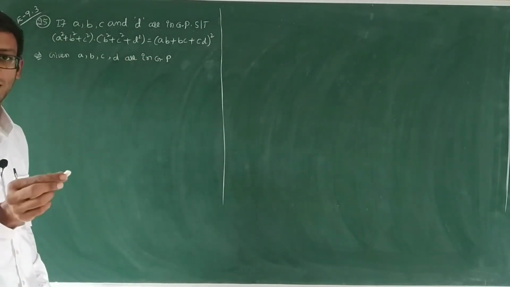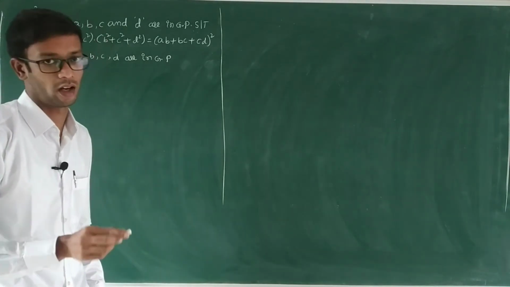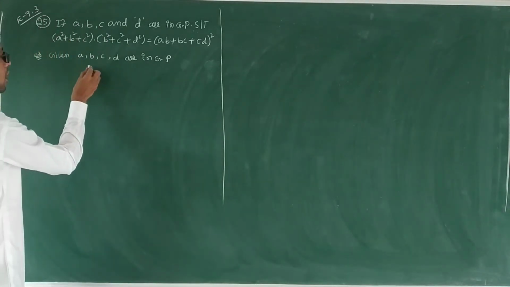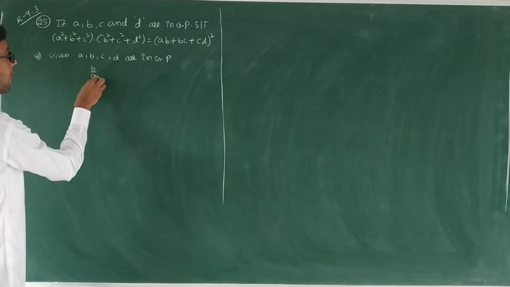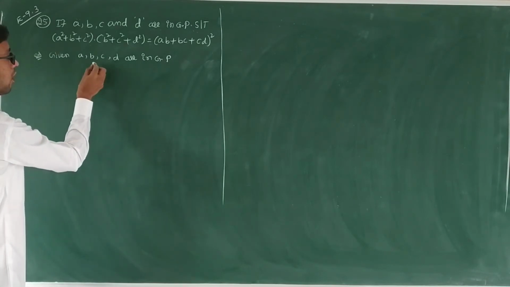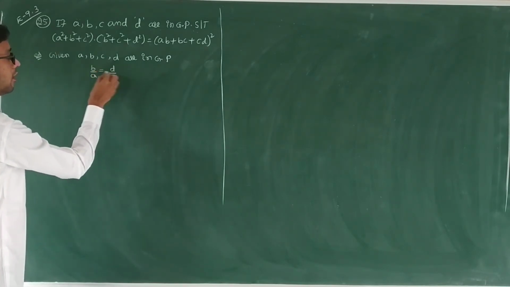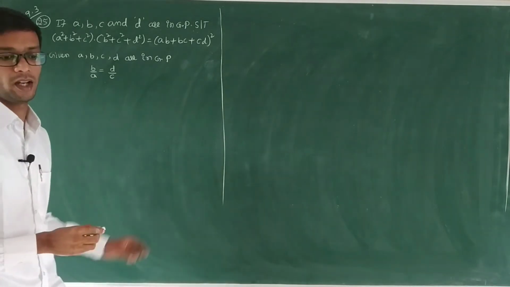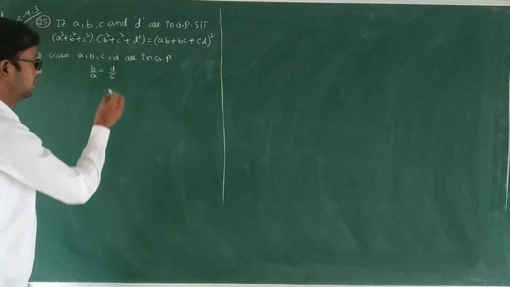Geometric progression means a common ratio will be there. So I will write here b by a is equal to d by c.